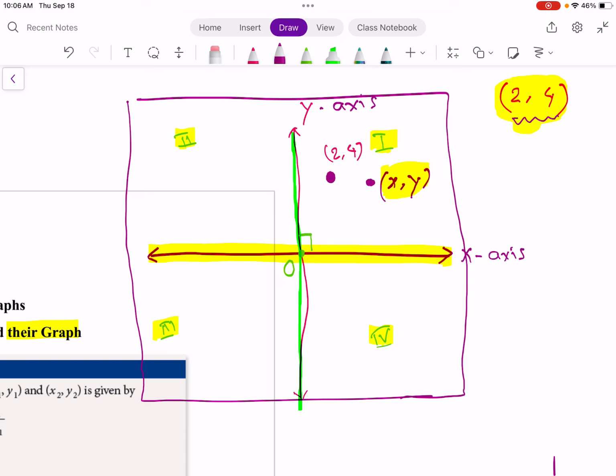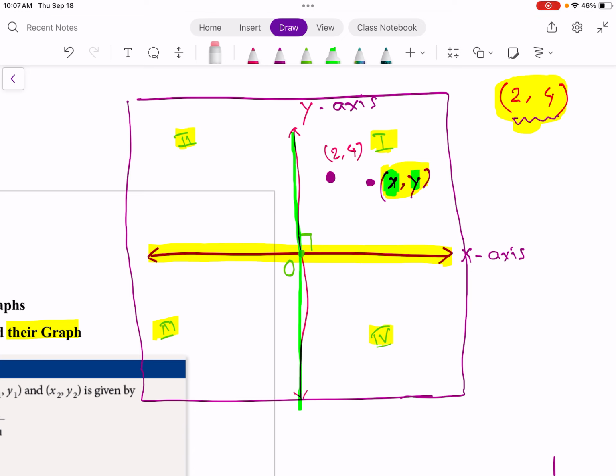2. Okay, so every time, the first element from an ordered pair, we use x in general. For the second element we use y. Now this vertical distance is given by our, is it x-axis or y-axis?